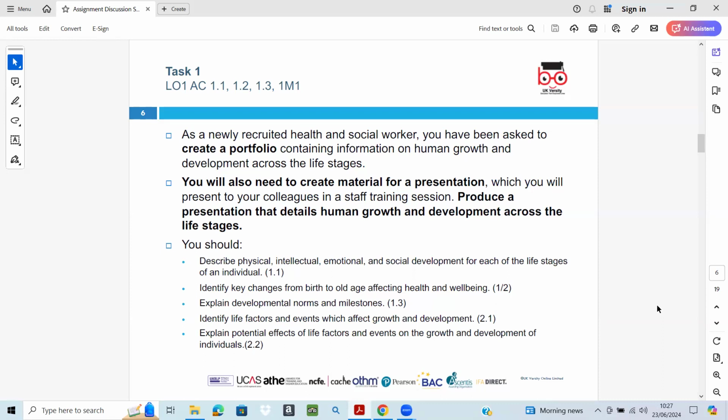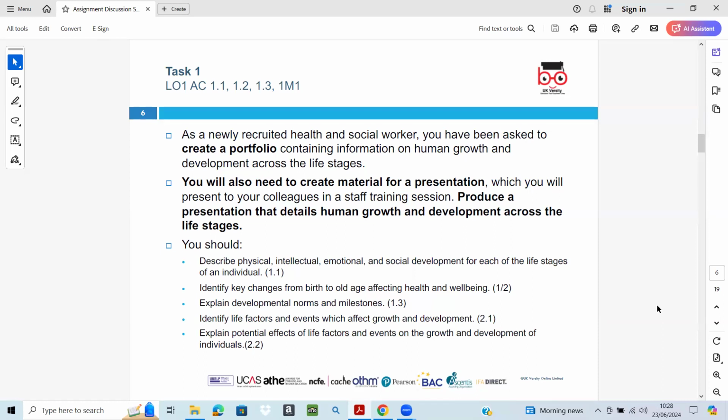So that is assessment criteria 1.2. So we need to highlight the significant changes that impact health and well-being at different life stages. We need to discuss how factors like, for example, nutrition, exercise, and social interaction influence well-being across the lifespan.